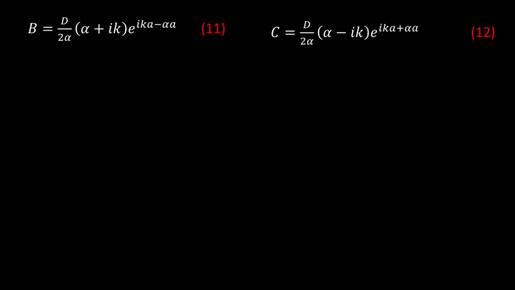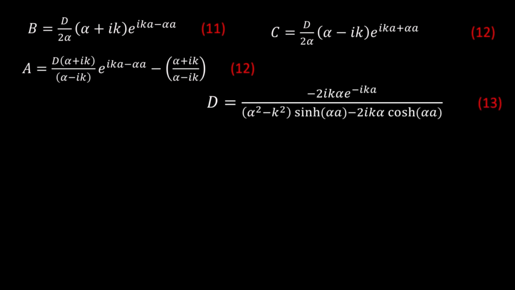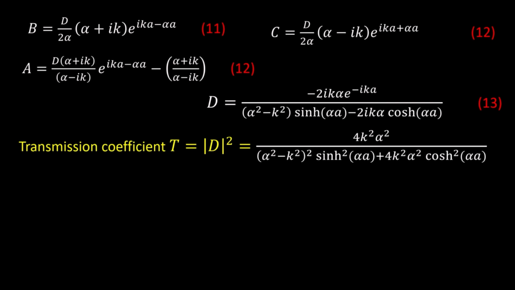Solving equations 7 and 8 and then substituting for B from equation 11 leads to an expression for A in terms of D. Upon substitution of these values for A, B and C in equation 7 and further simplification, we get an expression for the constant D. Hence the transmission coefficient is given by this expression, because the transmission coefficient is the modulus square of all these things.